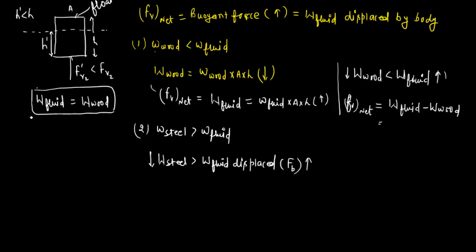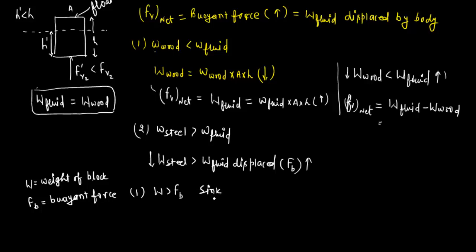If I'm using the notation W as the weight of the block and FB as the buoyant force, then first, if W is greater than FB, that is, the weight of the block is greater than FB, then the body is going to sink in that fluid.